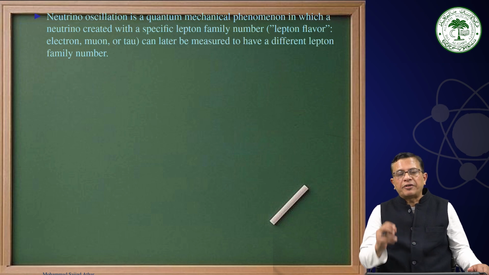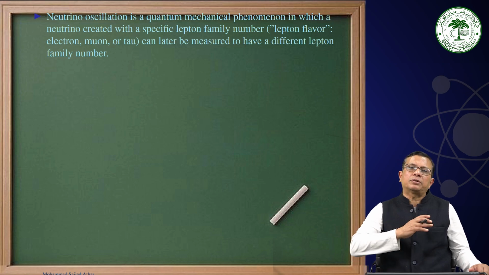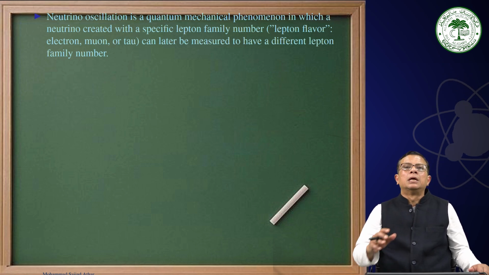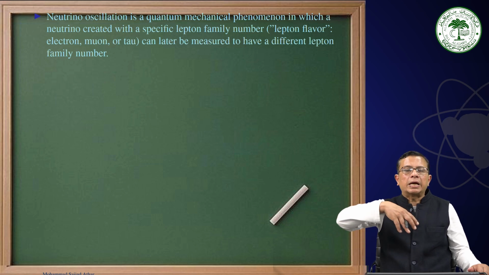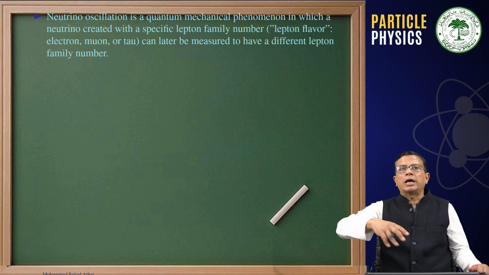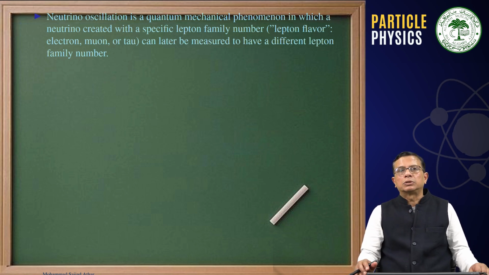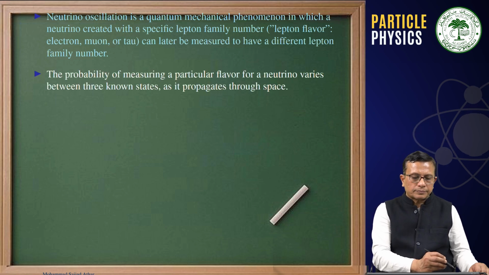Because of the different frequencies, they have different phases, and these waves of different phases, when they overlap, give rise to one flavor of neutrinos. Then when they propagate and overlap again, they give another type of flavor of neutrinos. And this is how you can have muon type neutrino, electron type neutrino, and electron type neutrinos again giving rise to muon type neutrinos, etc.